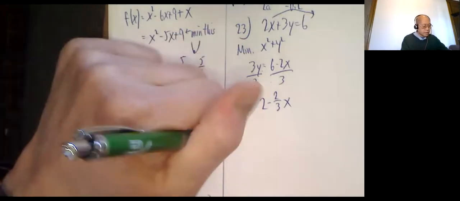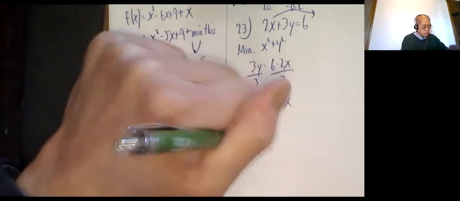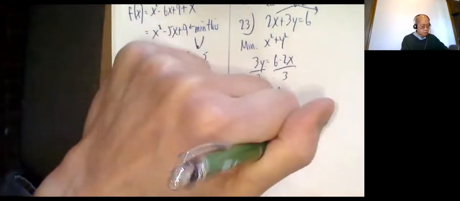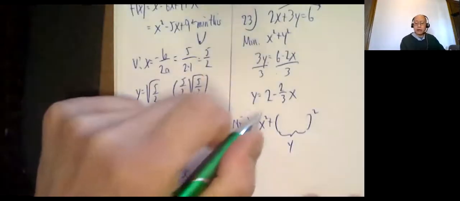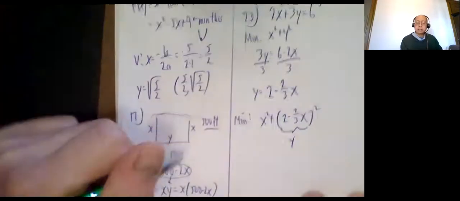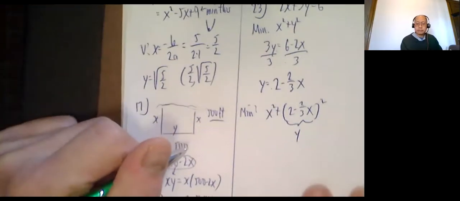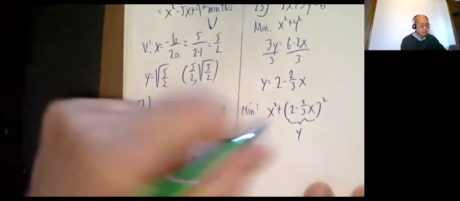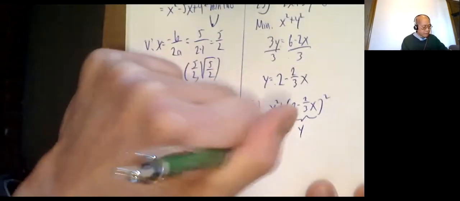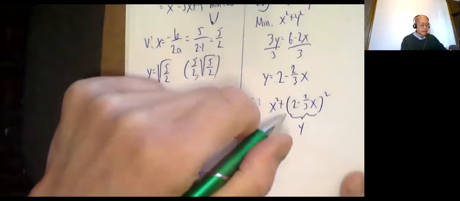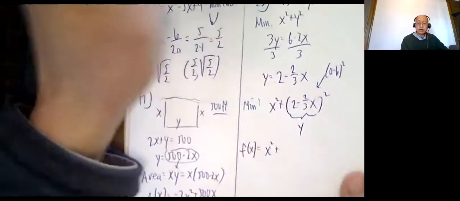All right, so you want to minimize x squared plus y squared. Well, we now know what y is. y is this thing, 2 minus 2/3 x, quantity squared. Okay, and now just clean up the algebra. So say f of x is x squared plus, okay, so again, that looks like a minus b squared, right? That's of the form a minus b squared.